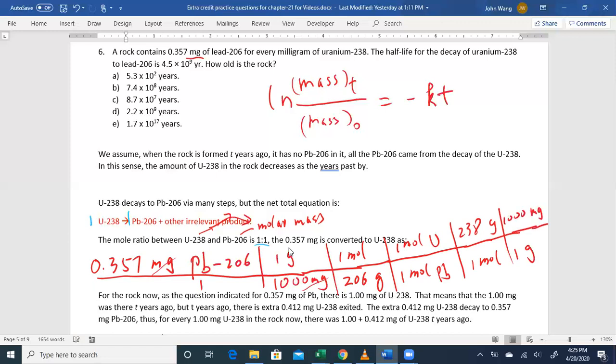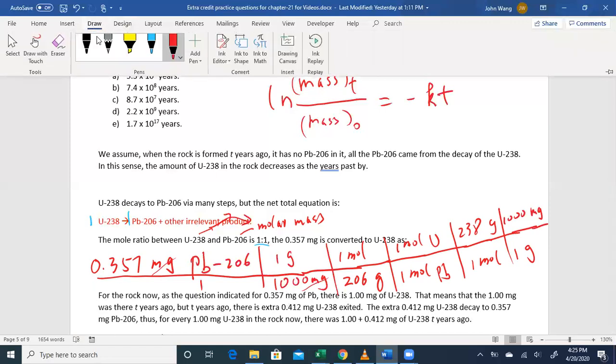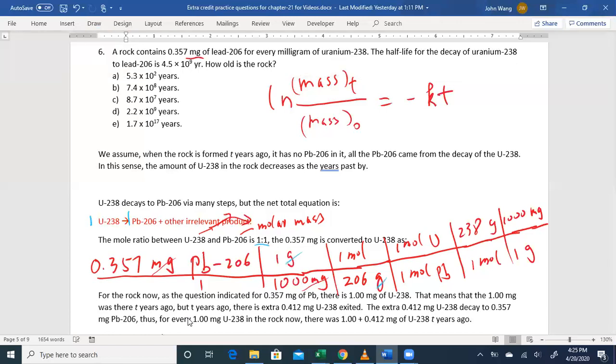These are all the conversion fractions you are going to use. You can see there is a lot of cancellation: the grams cancel, the moles cancel, and finally you are left with milligrams, and the 1,000 also cancels.